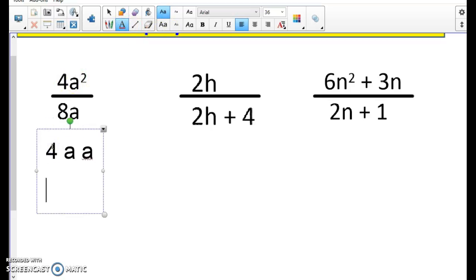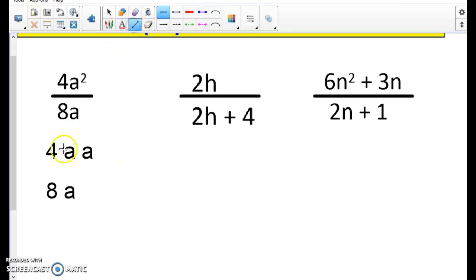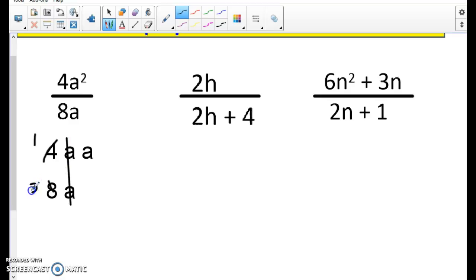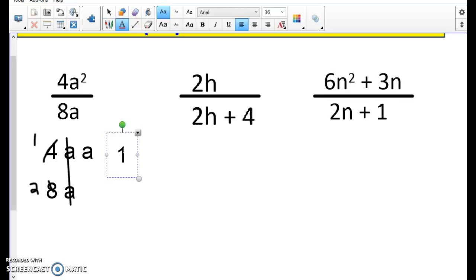So 4a over 8a. We have a's here that can be crossed out. And then even this 4 and this 8 can be simplified. So 4 goes into 4 one time, and 4 goes into 8 two times. So my final answer would just be 1a over 2.